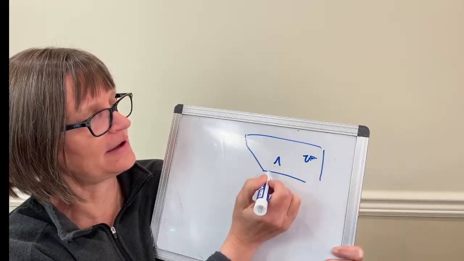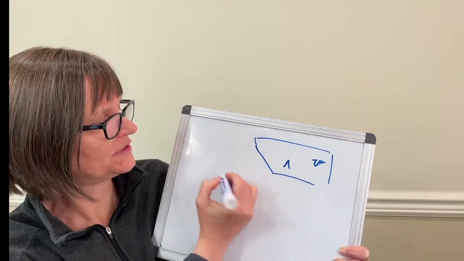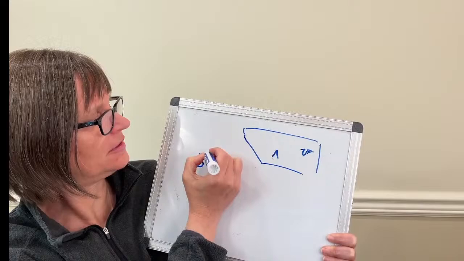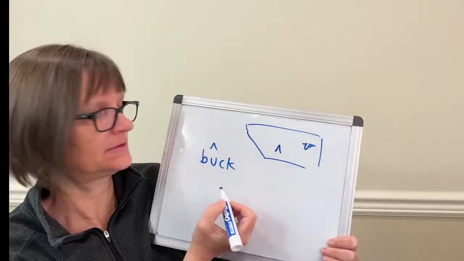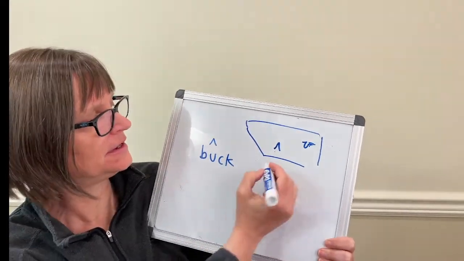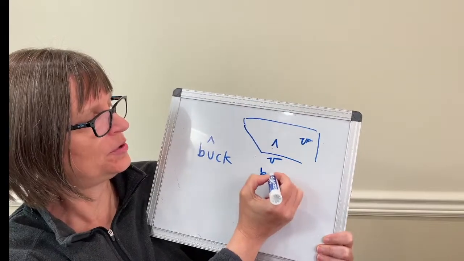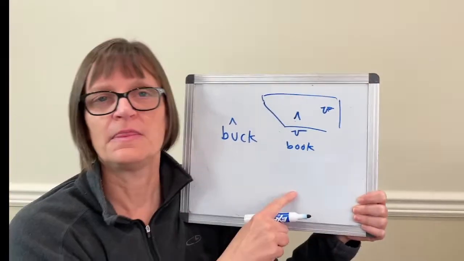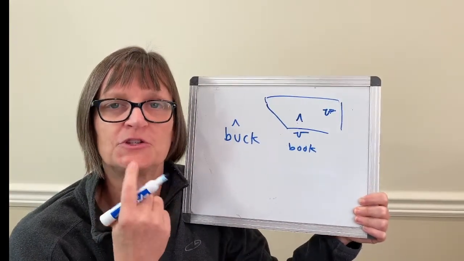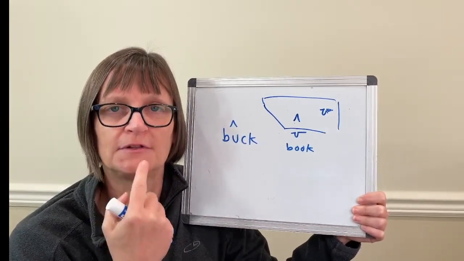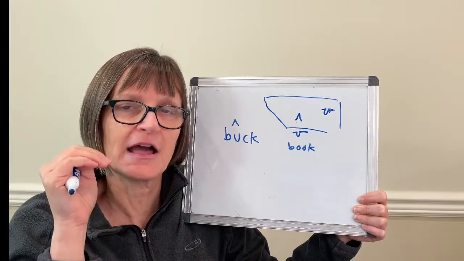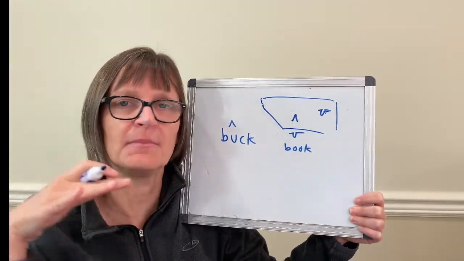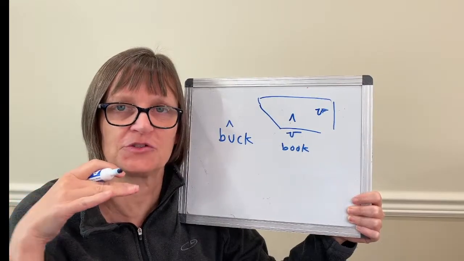So, for example, for vowel schwa, a word like buck, like I have a buck, or the deer, and the word book, the good book vowel. This vowel is a little bit rounded, so when I say book, I have a little bit of lip rounding. The back of my tongue is higher for this vowel than for this one. For buck, my tongue is very flat and very central.